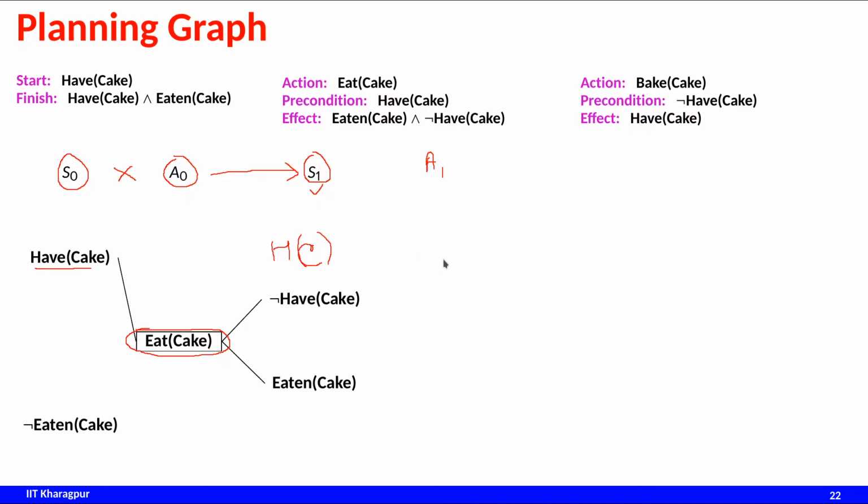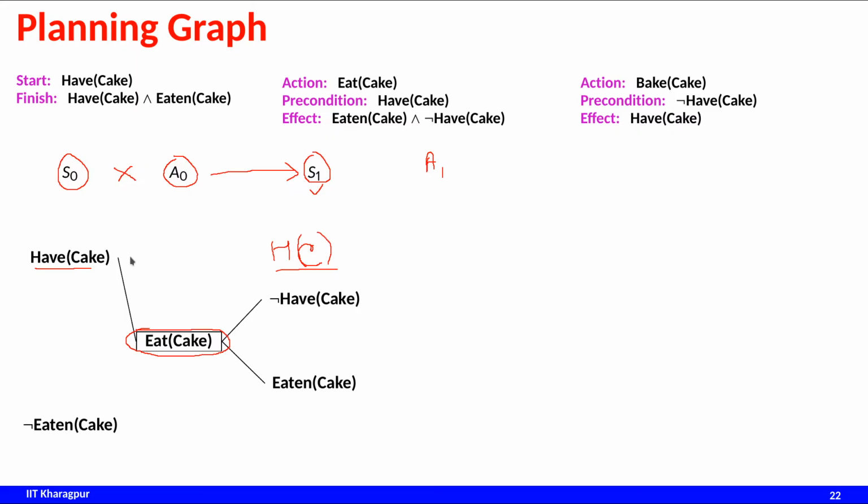And then I can explore all possible actions that I can make over this set of literals, because if I do not add this have cake here, then I'm basically restricting the literals and the states that I can actually express.